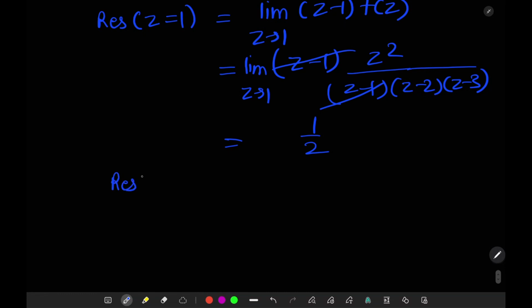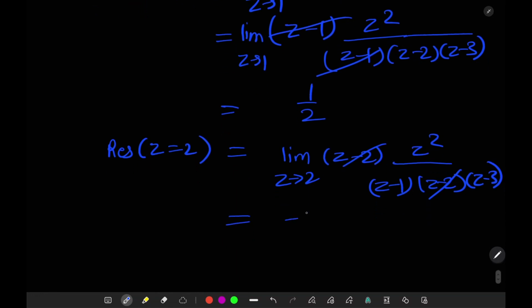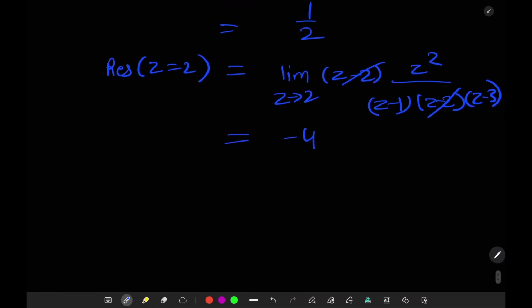Similarly for residue at z = 2, limit z tends to 2 of (z - 2) times z square divided by (z - 1)(z - 2)(z - 3), this cancels out, and putting z = 2 we get residue minus 4.